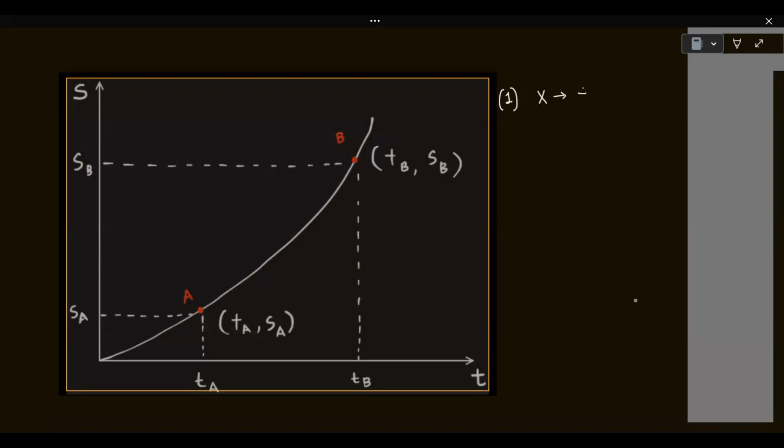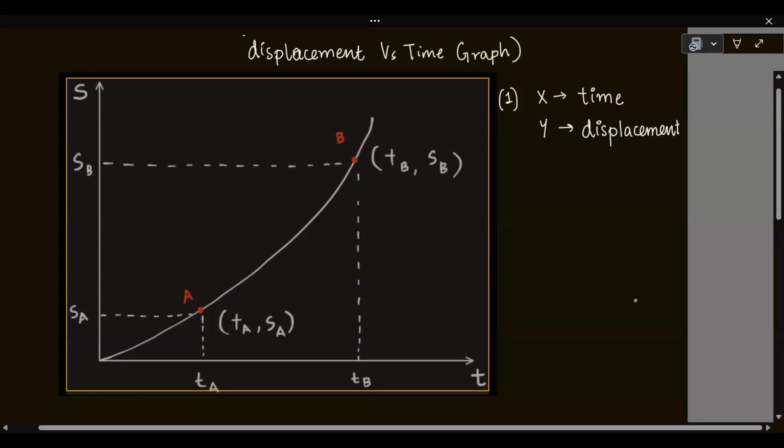Yes, X represents time, Y represents displacement. So this is what kind of graph? This is a displacement versus time graph. Guys, understand that you can face different kinds of graphs.